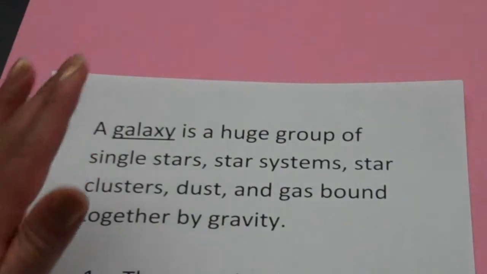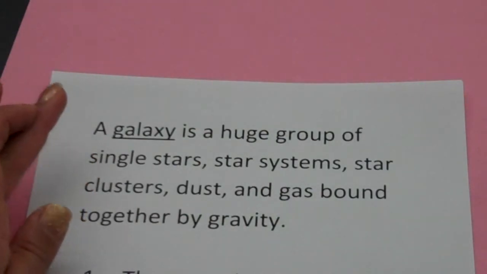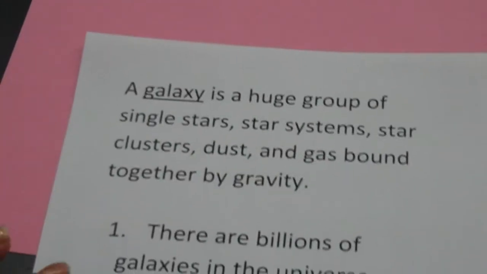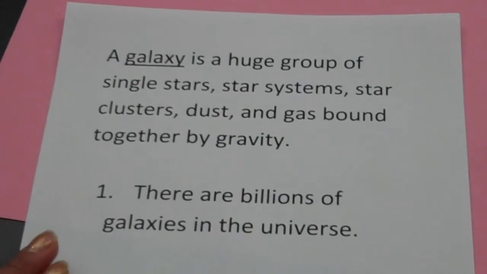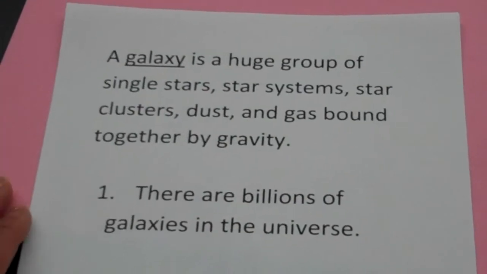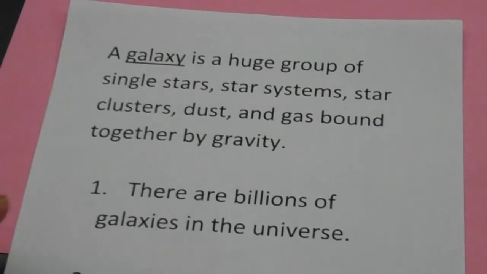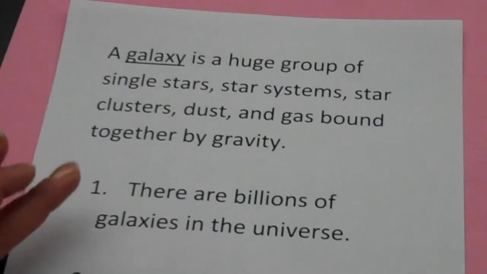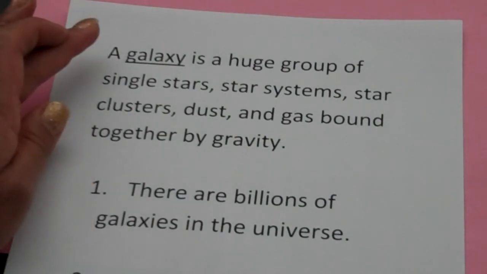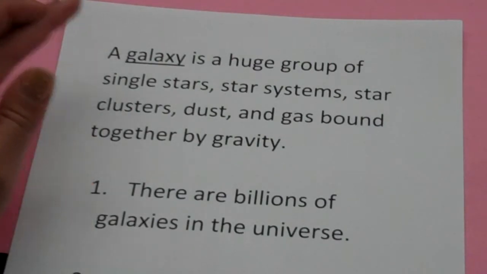So all of that connected together becomes this uniform shape, a galaxy. A couple things to note about a galaxy: there are billions of galaxies in the universe. So our universe is huge, because there are billions of these galaxies, and within a galaxy there can be billions of stars.